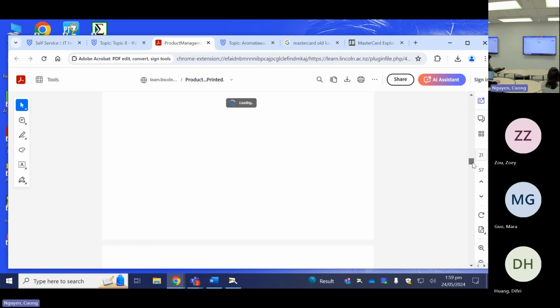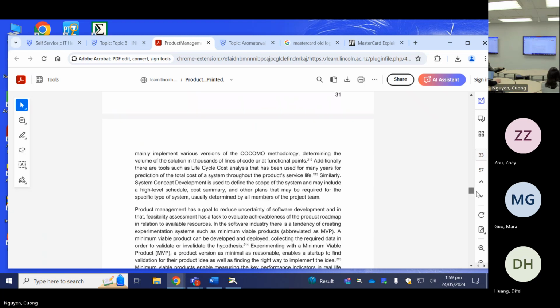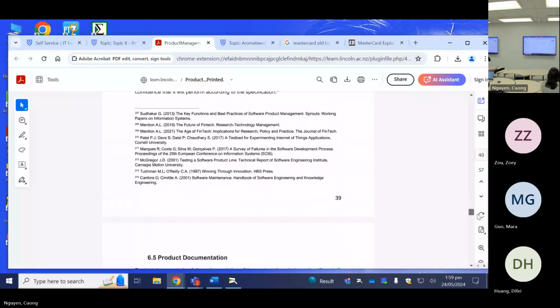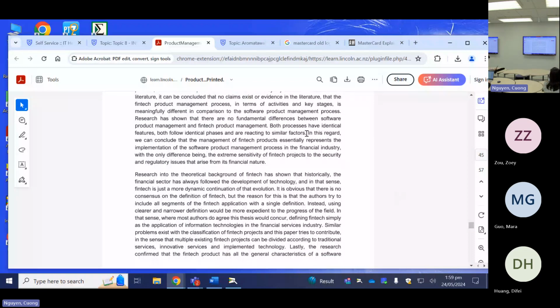Now the conclusion of this document is quite important. Remember the conclusion: we can conclude that the management of fintech products essentially represents the implementation of the software product management process in the financial industry.